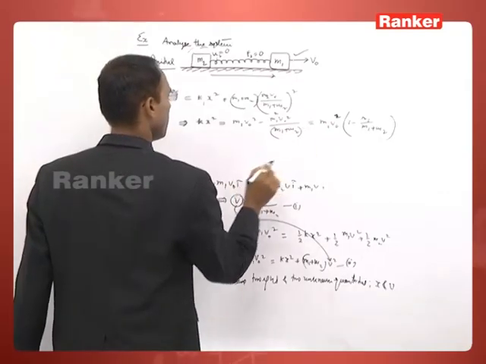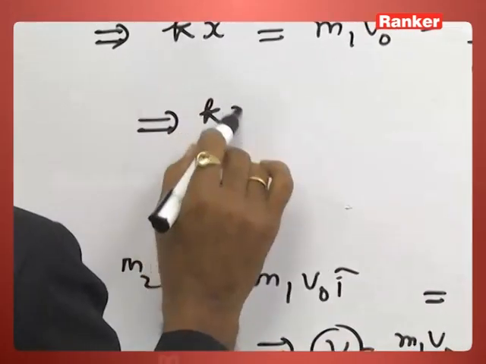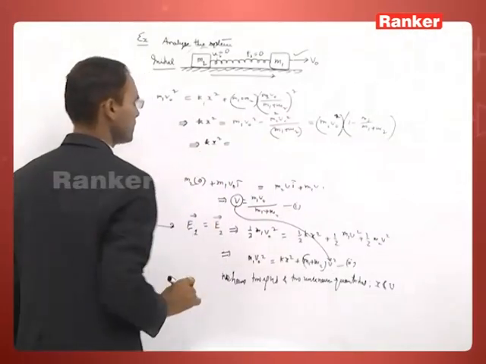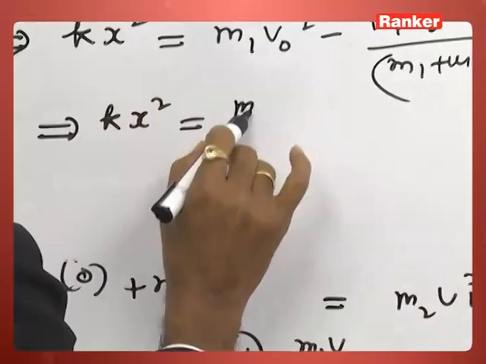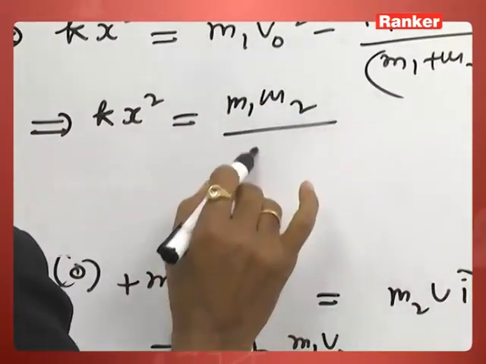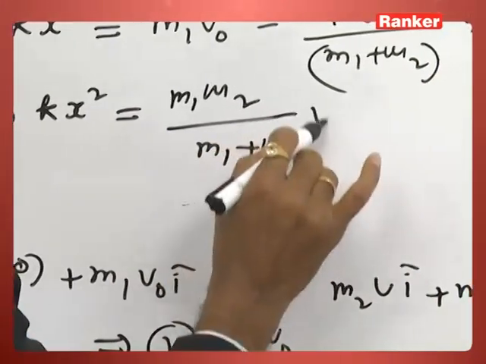Of course, that gives us kx square is equal to m1 plus m2 minus m1, that is m2. So we are getting m1 m2 by m1 plus m2 into v naught square.